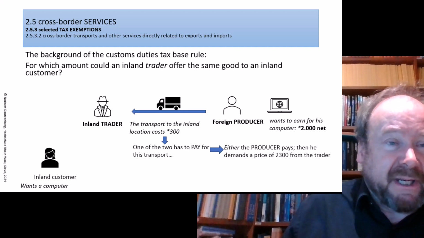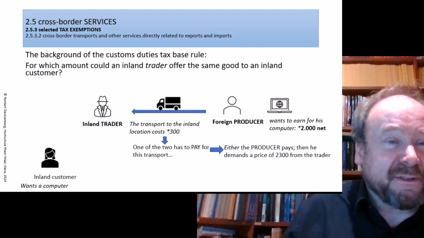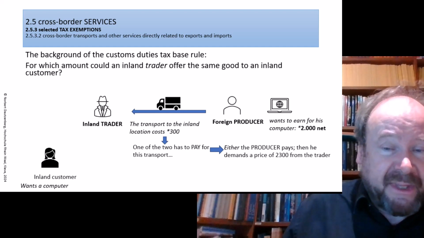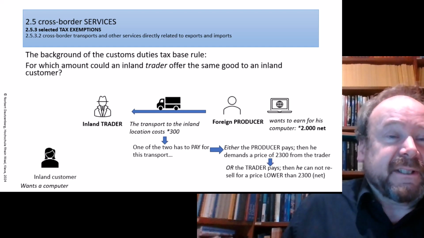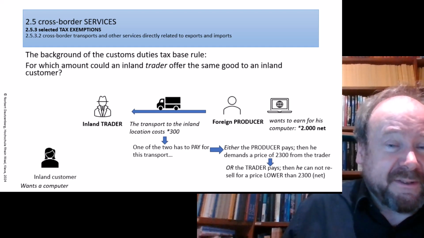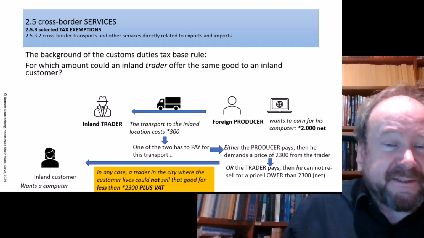Either the producer pays, then the producer will insist that the price for the inland trader will not be 2,000 but 2,300, because otherwise he would make a loss. The other alternative is the foreign producer takes 2,000, but then the inland trader has to pay for the transport. So in that case also the inland trader has costs of 2,300.